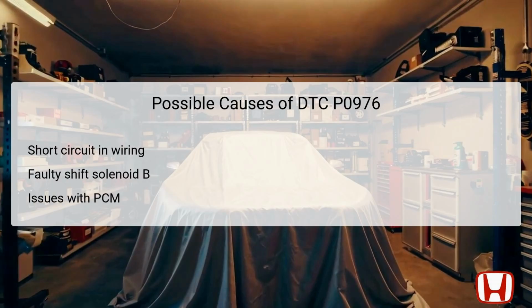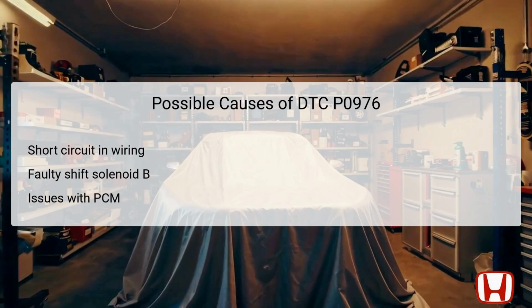The possible causes for the P0976 code largely revolve around electrical faults. First, a short circuit in the wiring could disrupt the signal reaching or from the shift solenoid, triggering the DTC. Secondly, the shift solenoid B may be defective itself, leading to a malfunction and therefore causing the issue.